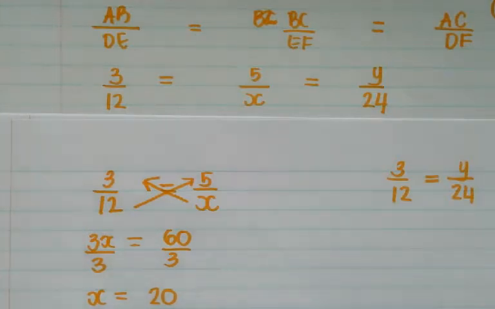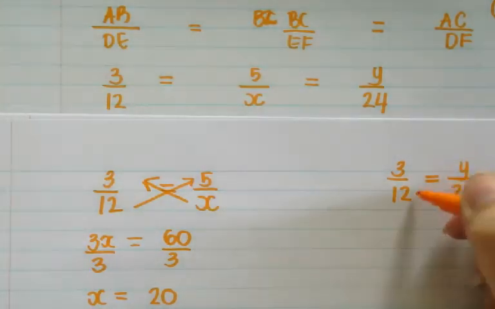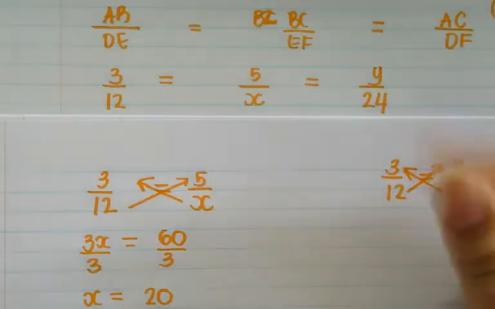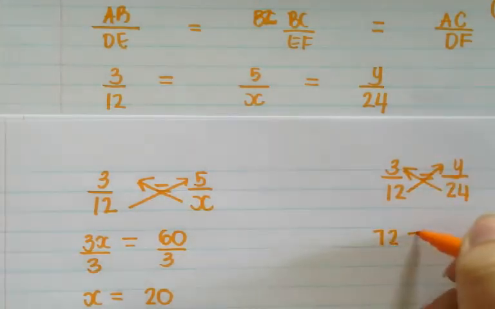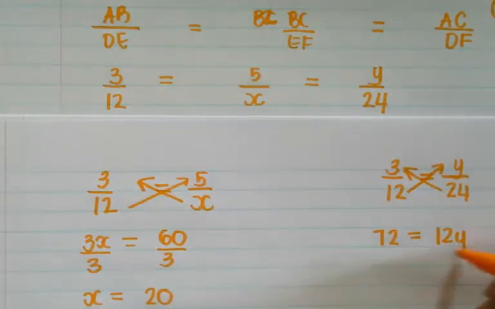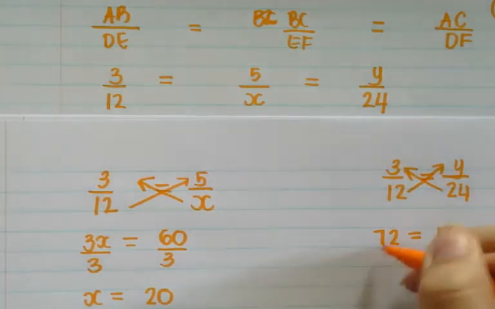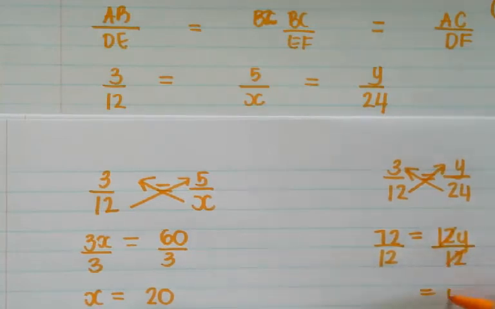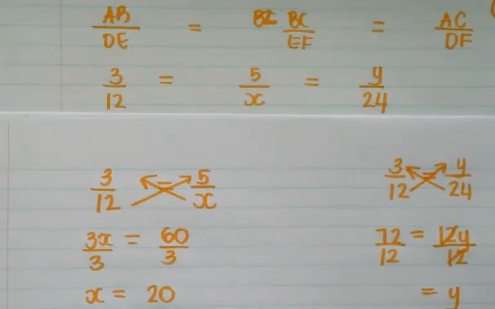Okay, should be done. So we're going to do it without simplifying first. Cross multiply. 3 times 24 is 72. 12y, but I don't want 12y, I just want y. The y is by itself because the 12s cancelled. 72 divided by 12 is equal to 6.